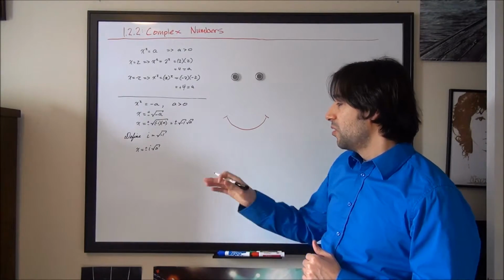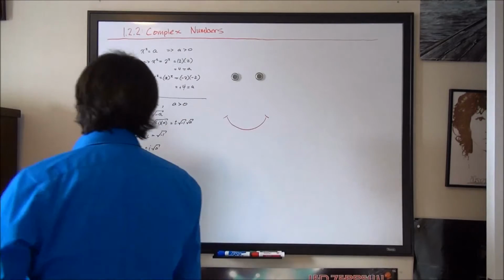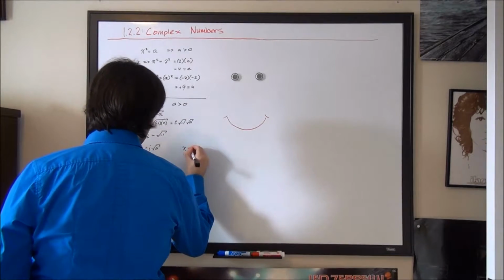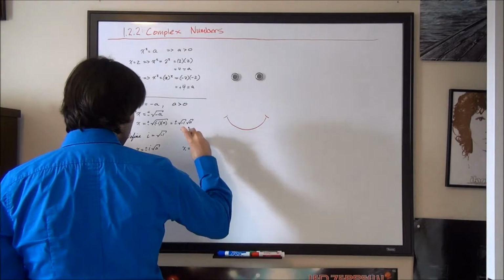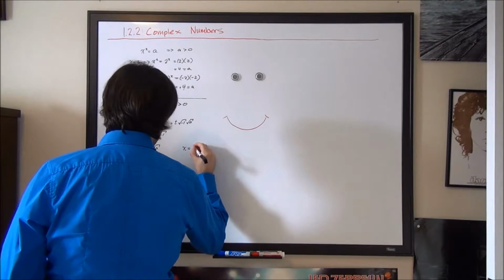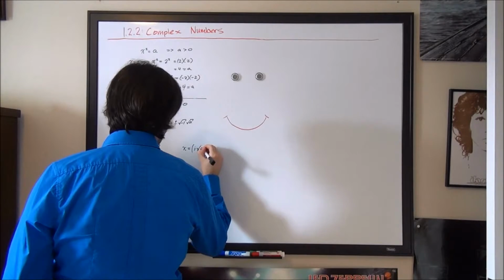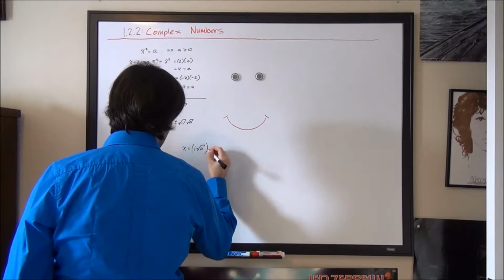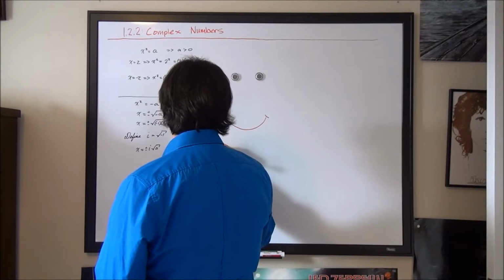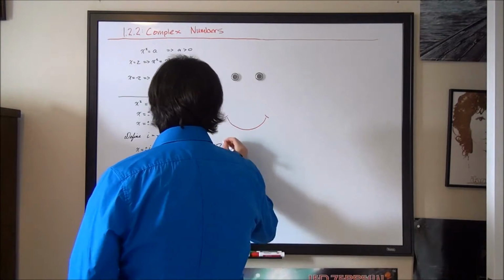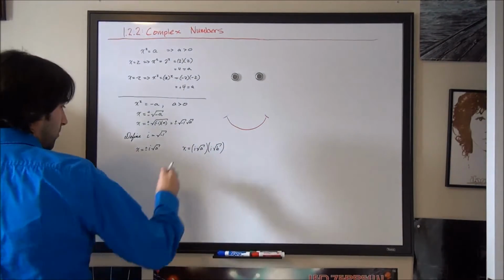But what if I were to say x is equal to, well, we can take the plus or minus away. We're just going to say i root a times i root b. Perhaps here I should use a variable other than x.